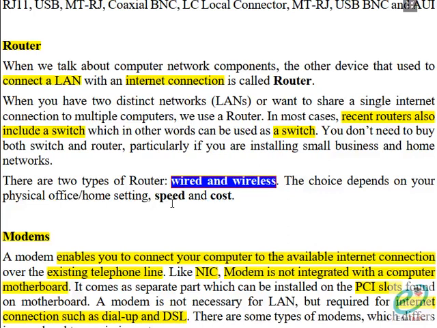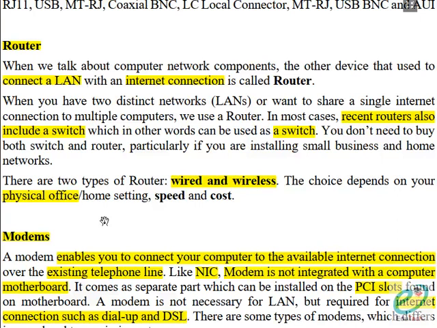Now, depending on your requirement, you will just choose accordingly. First, you need to see where your physical location is, maybe an office or just a home. That's the first criteria to choose which router to use.